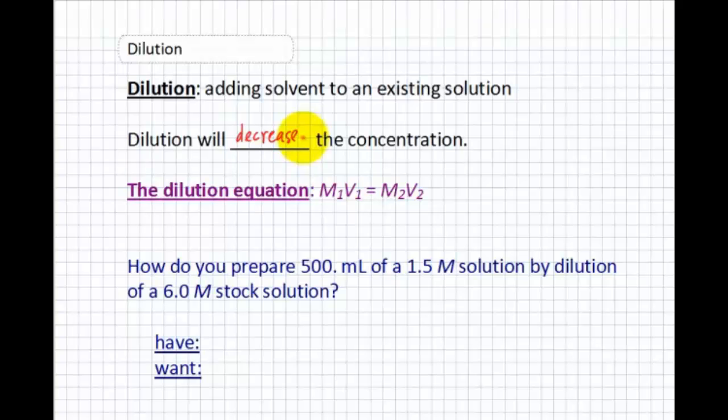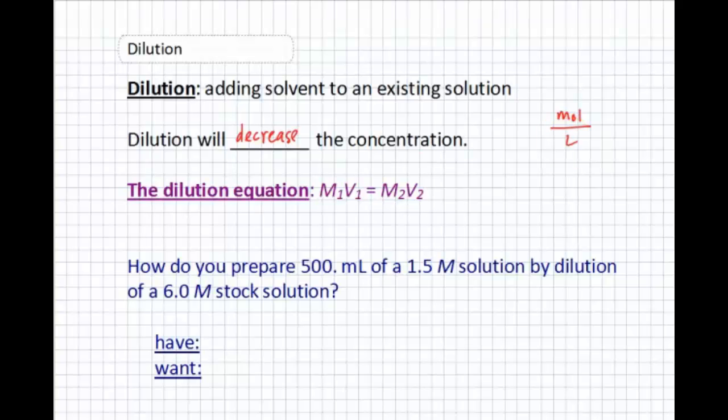So if you're using a concentration like moles per liter, you've got the same number of moles, but now more liters that it's dissolved in, so the concentration decreases. Anytime you dilute something, your final concentration should be lower than your initial concentration. That's what a dilution is.